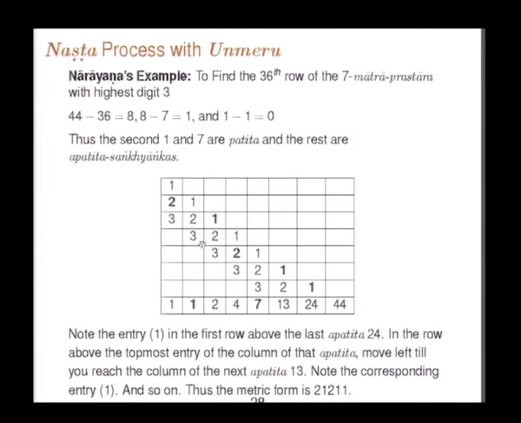So, the apatita sankhyanka columns whatever comes, they are all marked. So, your final form is 21211. 21211 should be the 36th row of the 7 matra prastara.